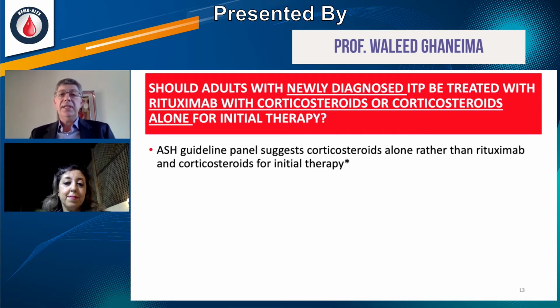There are a couple of randomized controlled studies, well-designed, well-powered, showing that combining rituximab with dexamethasone gives better effect than dexamethasone alone as upfront therapy. However, despite that, the panel suggests corticosteroids alone rather than rituximab and corticosteroid together as initial therapy.